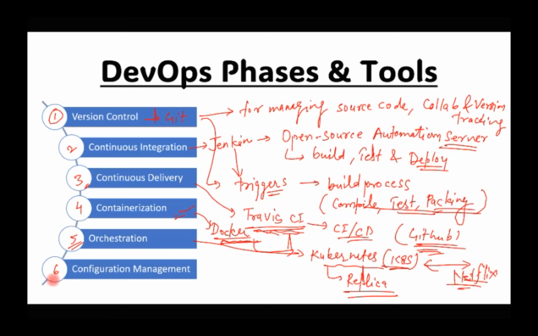Now we will talk about the sixth phase, that is configuration management. And the best tool in this phase is Ansible. Ansible is an open source automation tool for configuration management, application deployment, and task automation. So what are the three things it does? Automate configuration management, app deployment, and task automation.